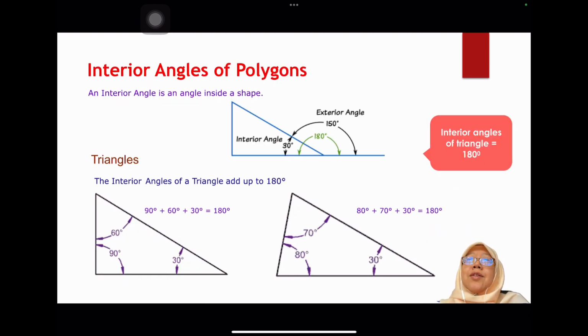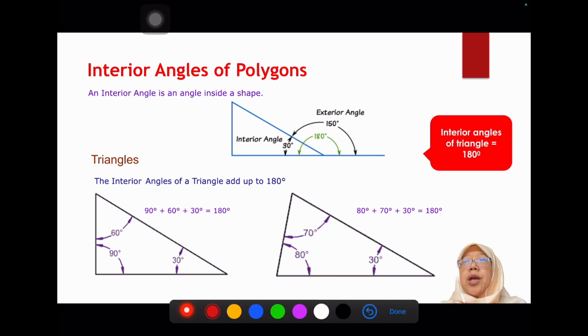Let's look at interior angles of polygons. Polygons have more than 2 sides. They make 2D shapes, but they must be closed shapes and they are flat. An interior angle is an angle inside a shape.